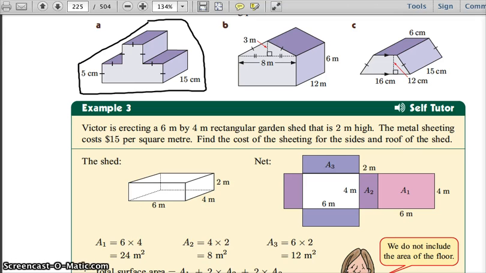Okay? So we've got a shape here that goes back to the composite areas that we were doing before. If you just grab this face here, just remove it, what you can see is you have something that looks like that. Relatively.